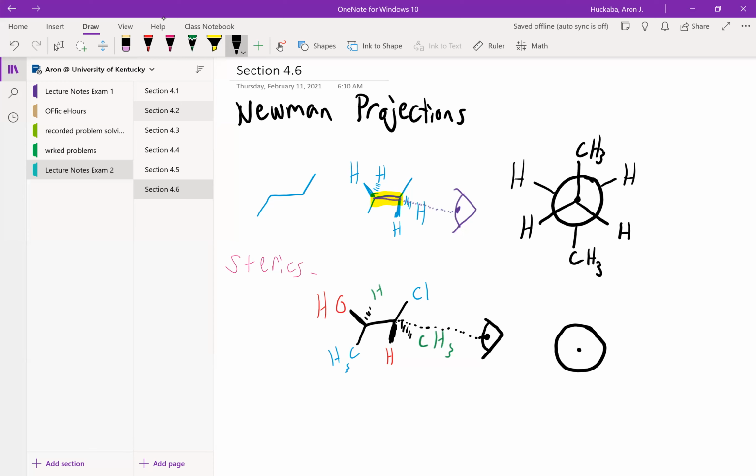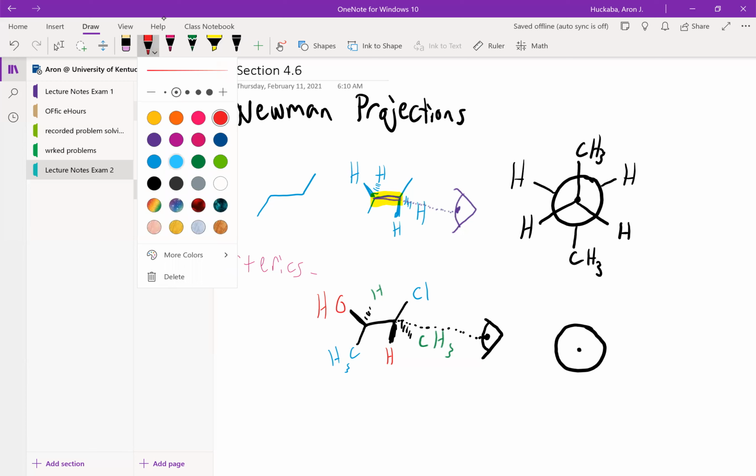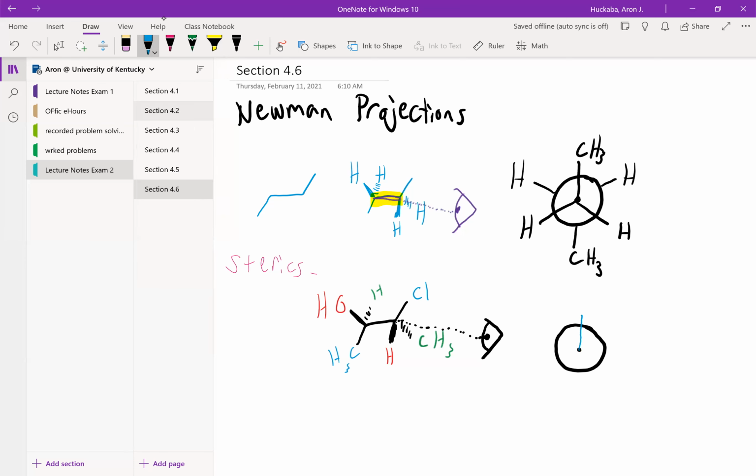And so now we had the chlorine going up. We had the CH3 on the right side here, if we're imagining once again that we're looking down this carbon, right? And the hydrogen is coming out to the left.